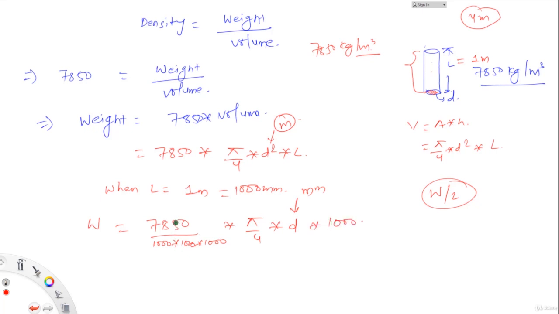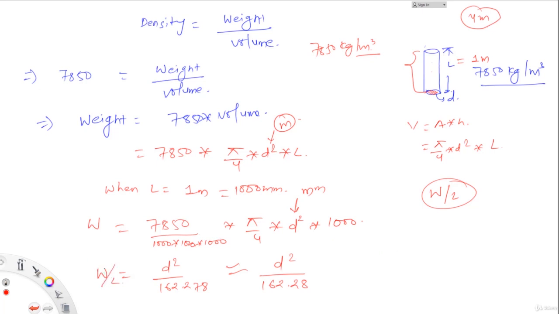If you do this calculation in the calculator, you will find that weight W is equal to d square by 162.278, and this is nearly equal to d square by 162.28. Okay, so this is weight per unit length.